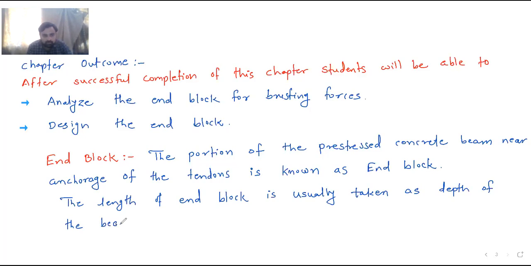So this is a very simple thing. It is the end portion of the pre-stressed concrete beam nearer to the anchorage of the tendons, and the length of that is equal to the depth of the beam.